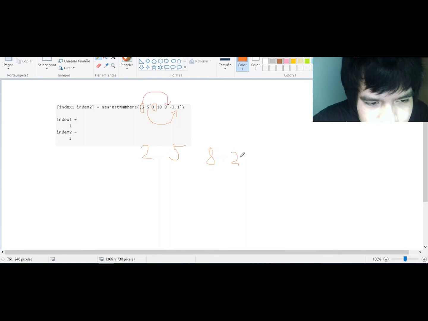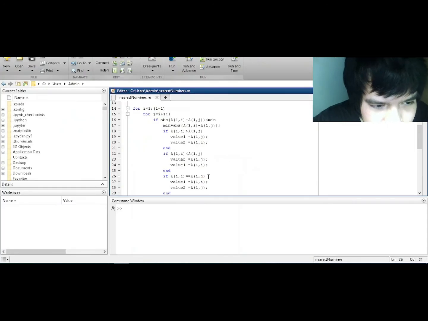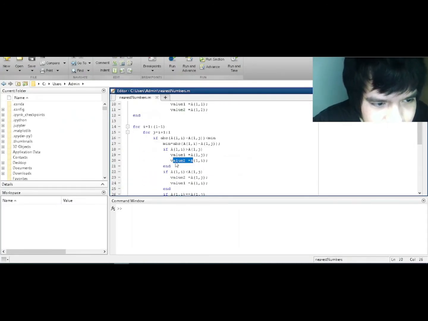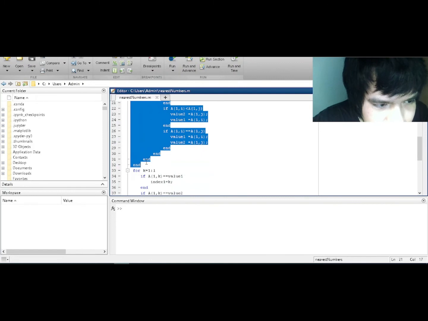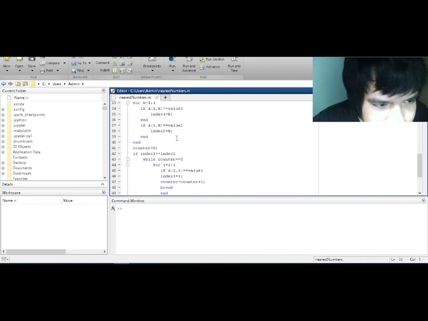So the nearest numbers are going to be 2 and 2. That could happen, so I put that condition. And we do the same that we did at the start. Value 2 is going to be the biggest number. And that's the iterative part. This part is just checking all the pairs.